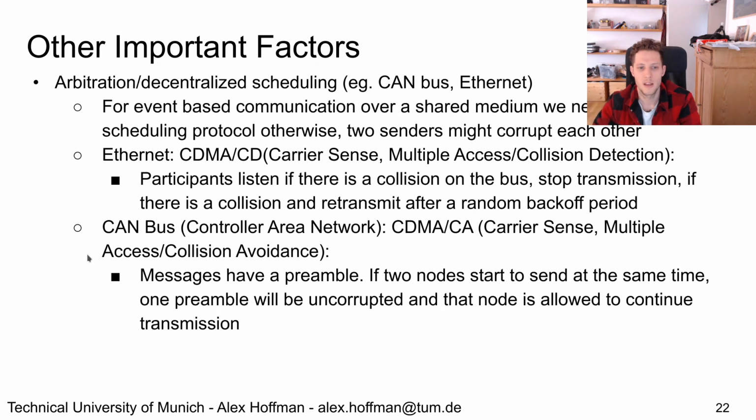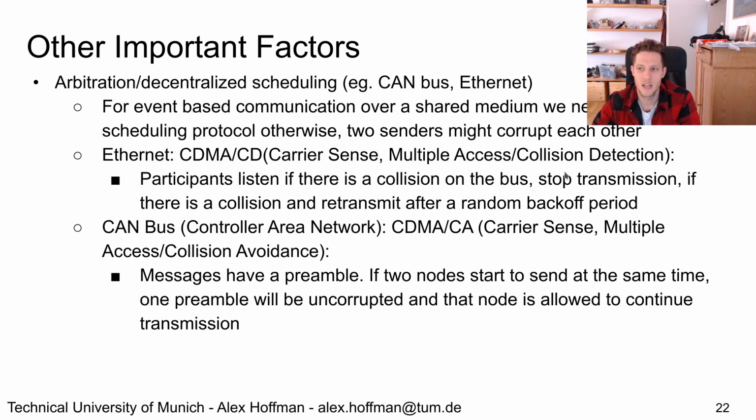Similarly, we have CAN bus, which you probably haven't had much exposure to. It's very much an industry protocol used, for instance, in cars, and this also implements a similar thing, but it does collision avoidance, where the messages attempt to detect possible collisions by having a preamble.